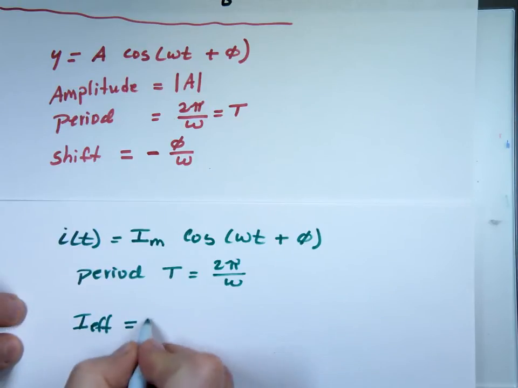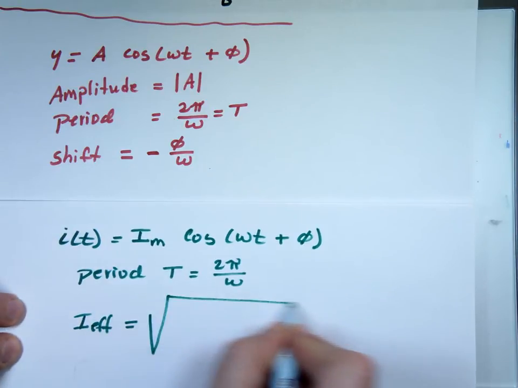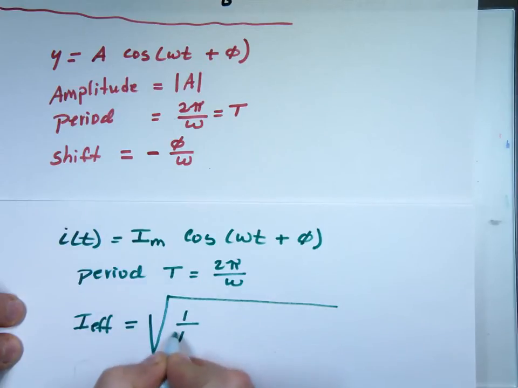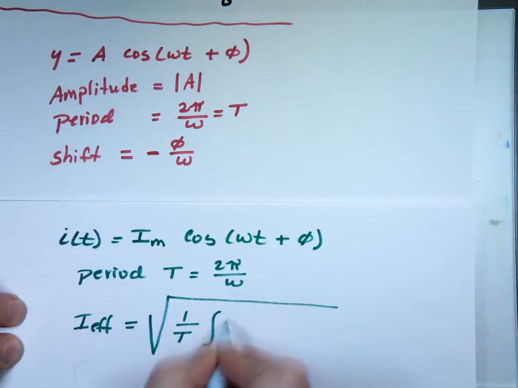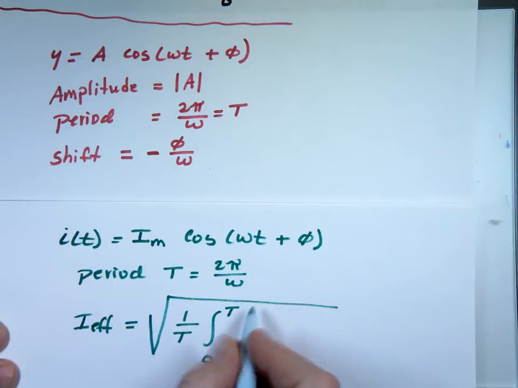Now, I want to find the effective value, I effective, the RMS value. According to the definition in our book, it's the square root of 1 over T, the integral over a full period of the current squared dt.